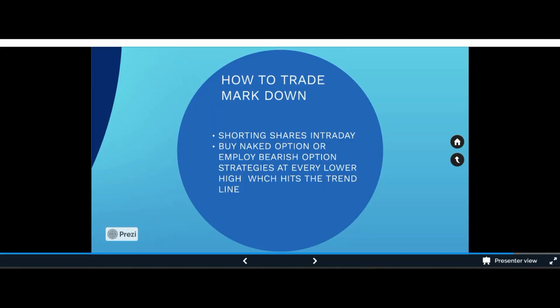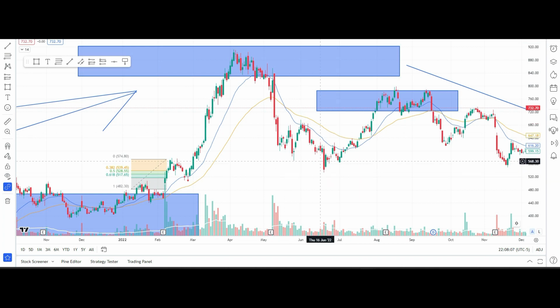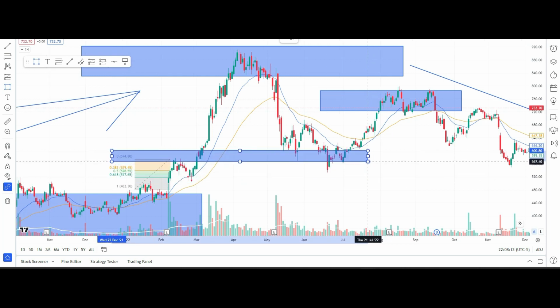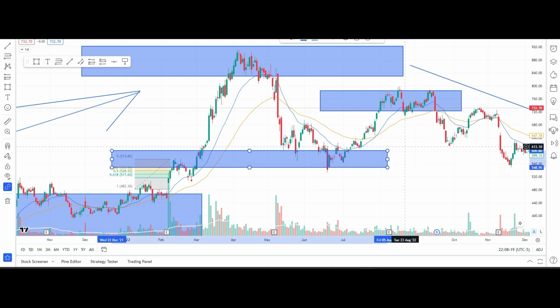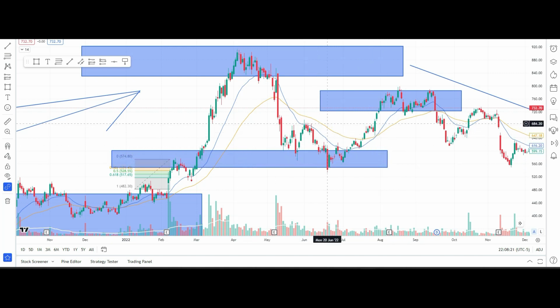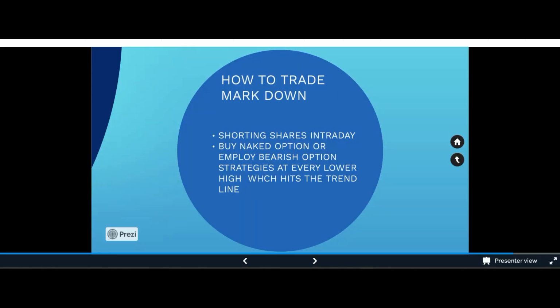So those are the ways you can trade the markdown phase, which is the last phase. And after a climax of selling is reached, which normally happens around the previous support region, then it will hover around that and a new trend emerges if the stock is really good. The stock has to be good, right, for the next cycle to even happen.